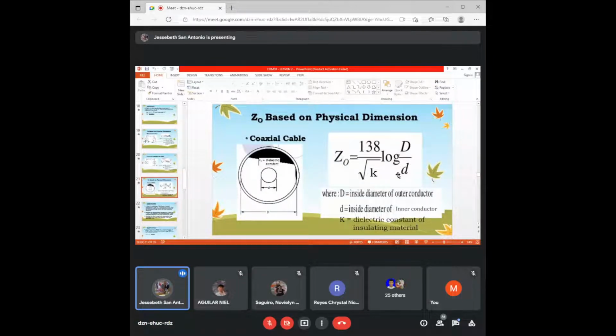Iba D as far as the two cables are concerned. Capital D refers to the inside diameter of the outer conductor. Small d would be the inside diameter of the inner conductor.